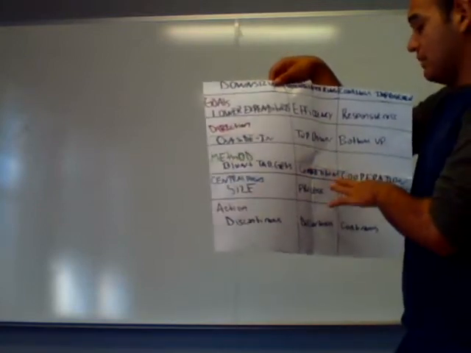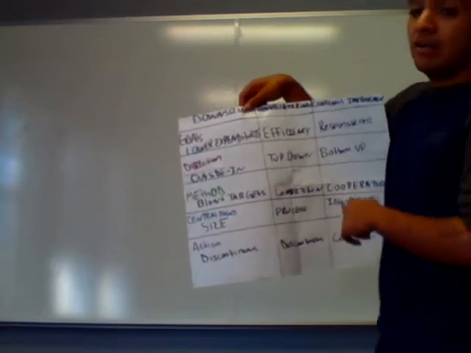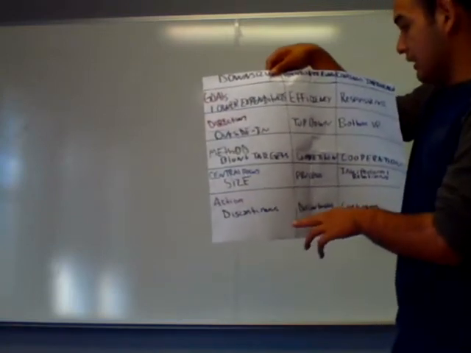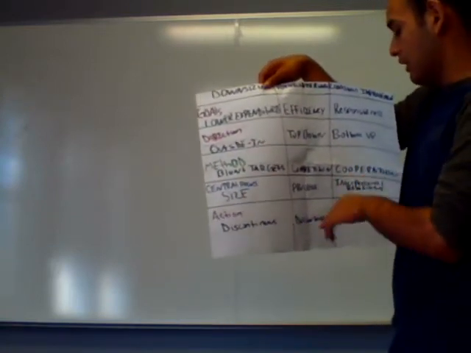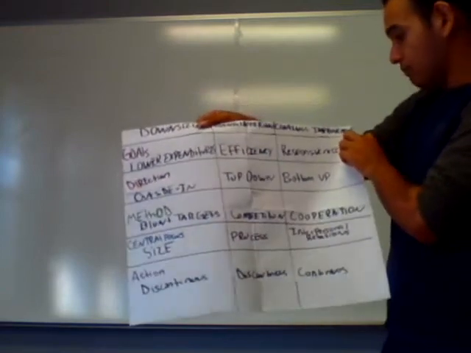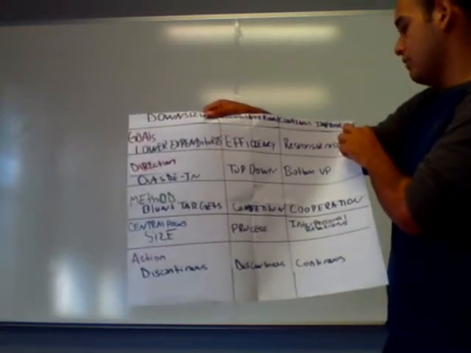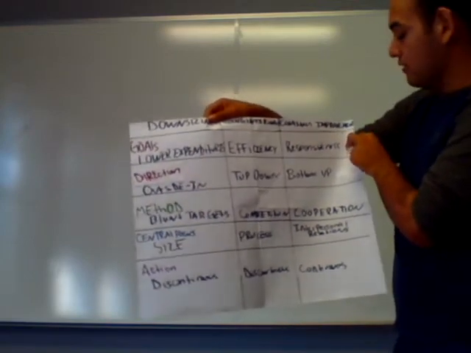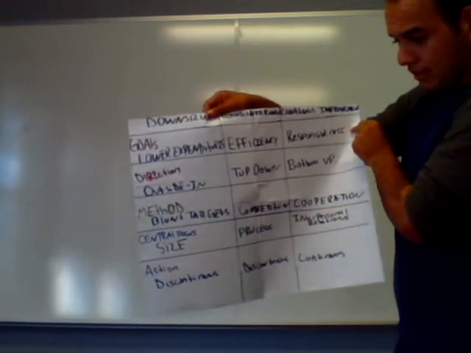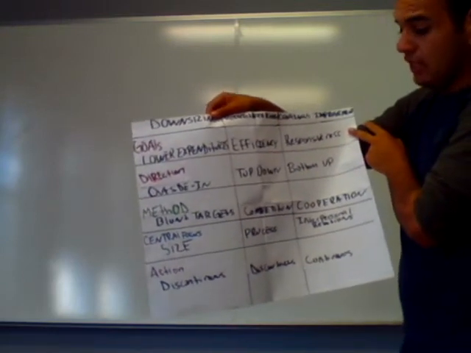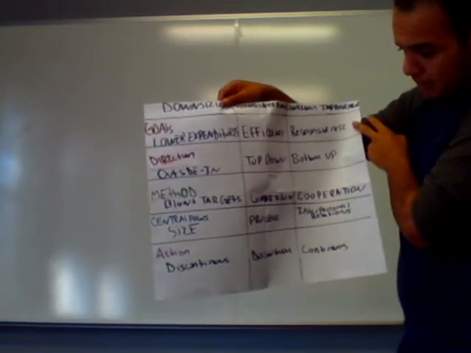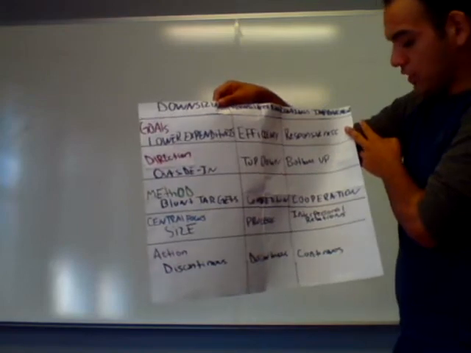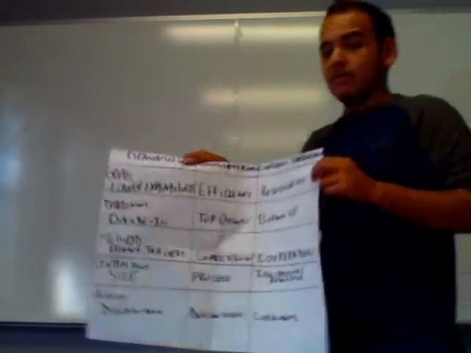The method is competition. Central focus is process. And the action for reengineering is discontinuous. Continuous improvement. What's the goal? Responsiveness. The direction to get responsiveness is bottom up. The method, cooperation. The central focus, interpersonal relations, and it's continuous.